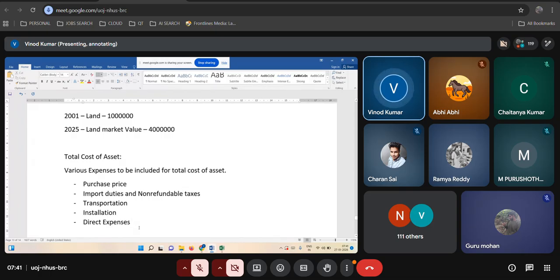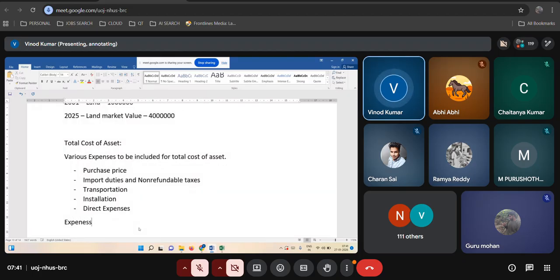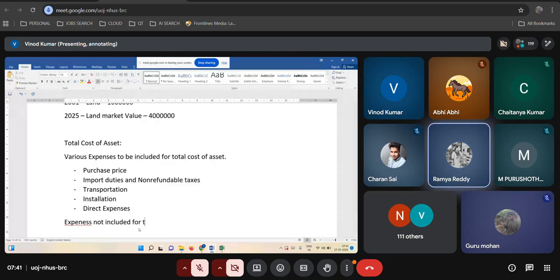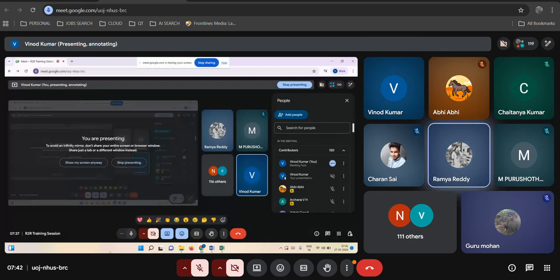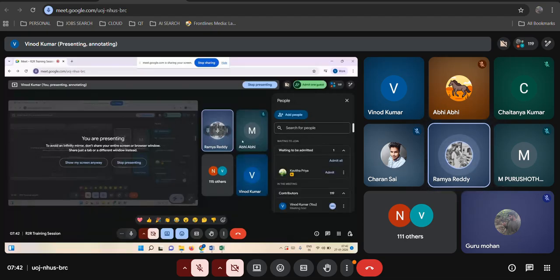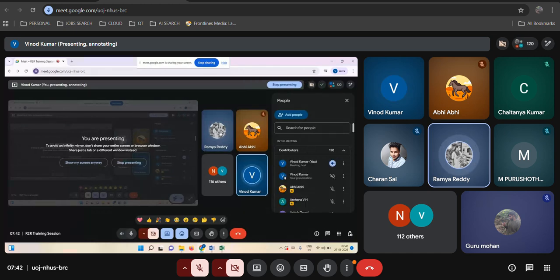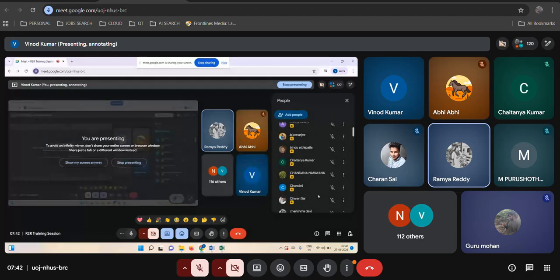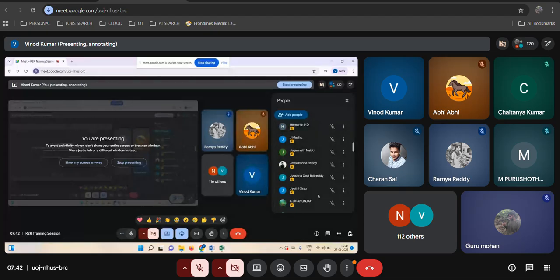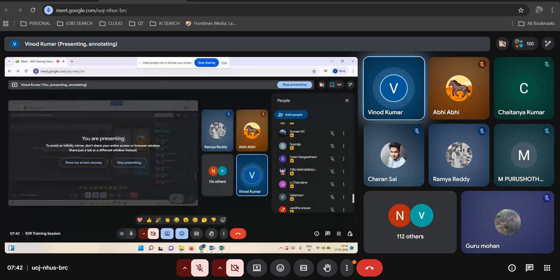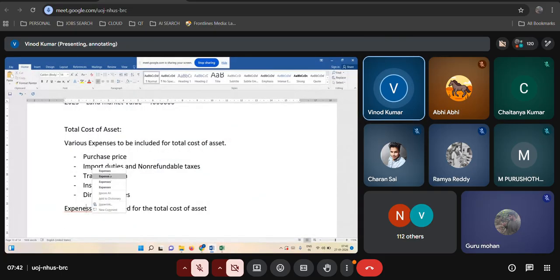And expenses not included. Okay, guys, what are the expenses that need to be not included in the total cost of an asset?